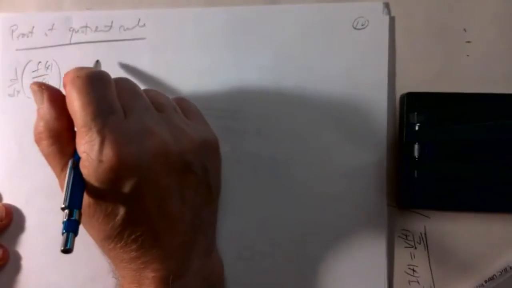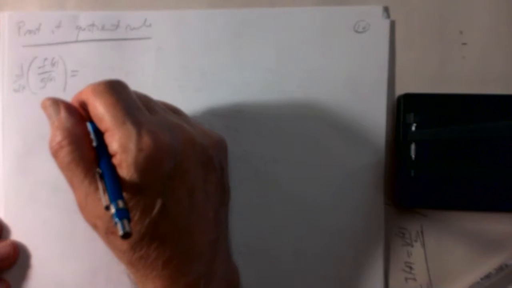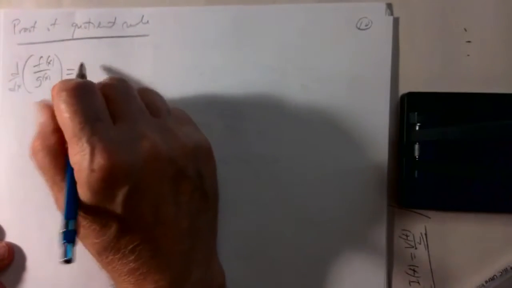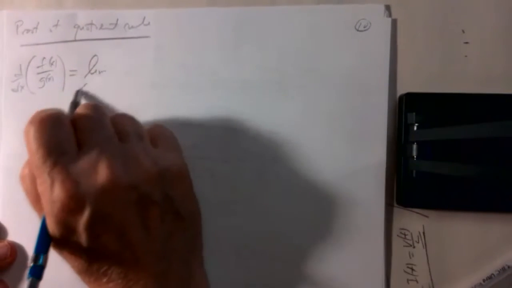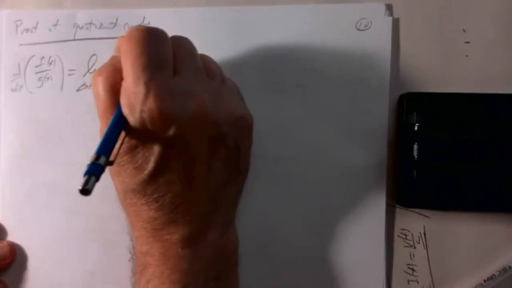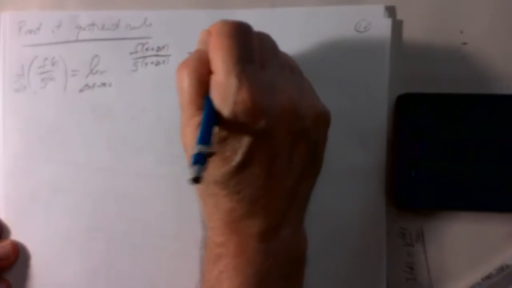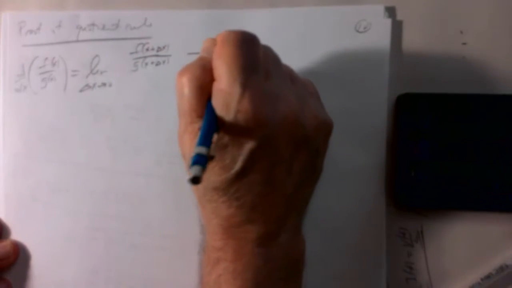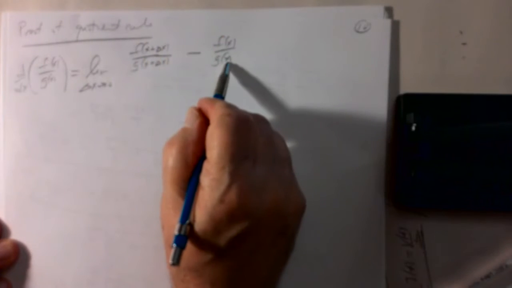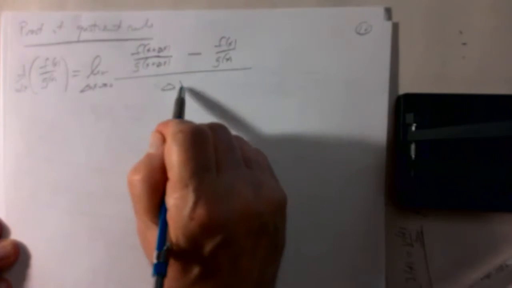So again, we're just going to use the fundamental definition of the derivative. This is the limit as delta x goes to 0 of this quotient evaluated at x plus delta x minus the quotient evaluated at x divided by delta x.